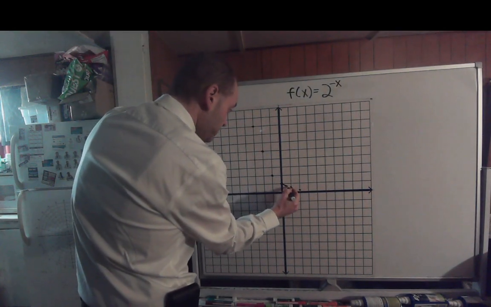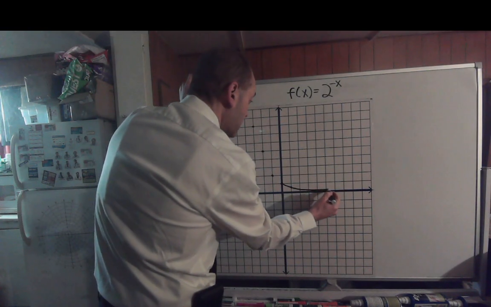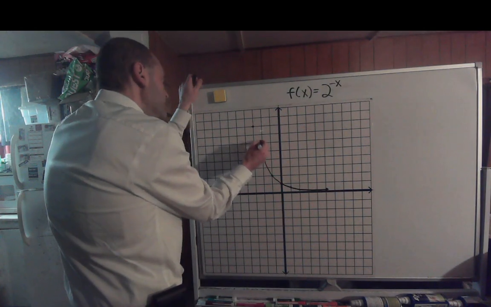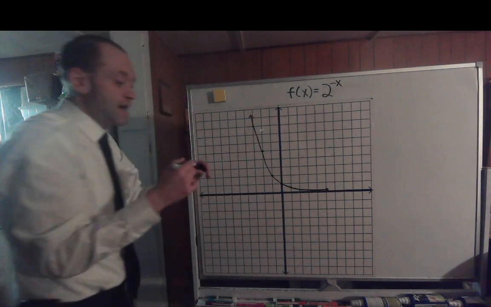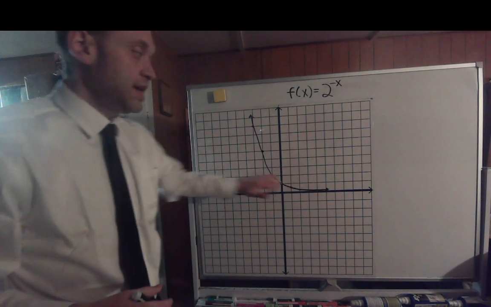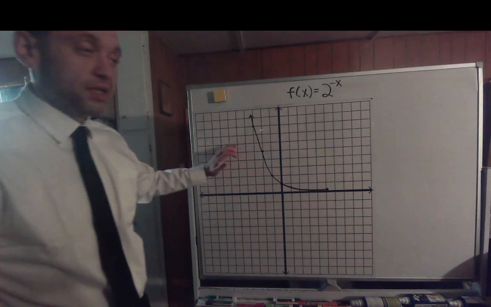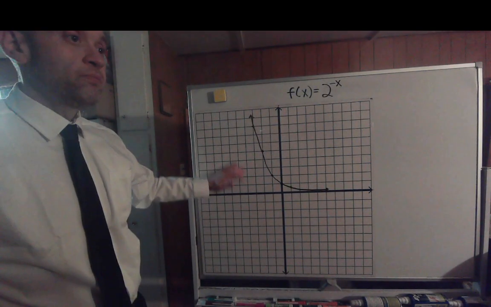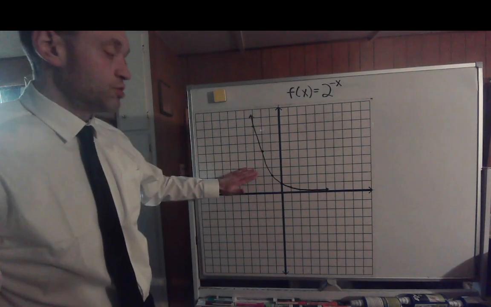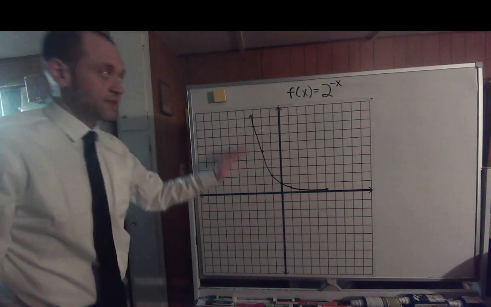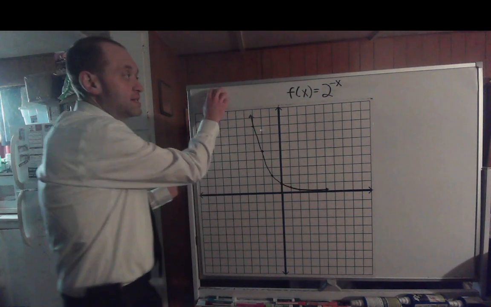So now you're seeing here how this is reflected in the y-axis from the original 2 to the x. And you would get this again, no matter what your base is, you would see this type of reflection. Everything's reflected in the y-axis.